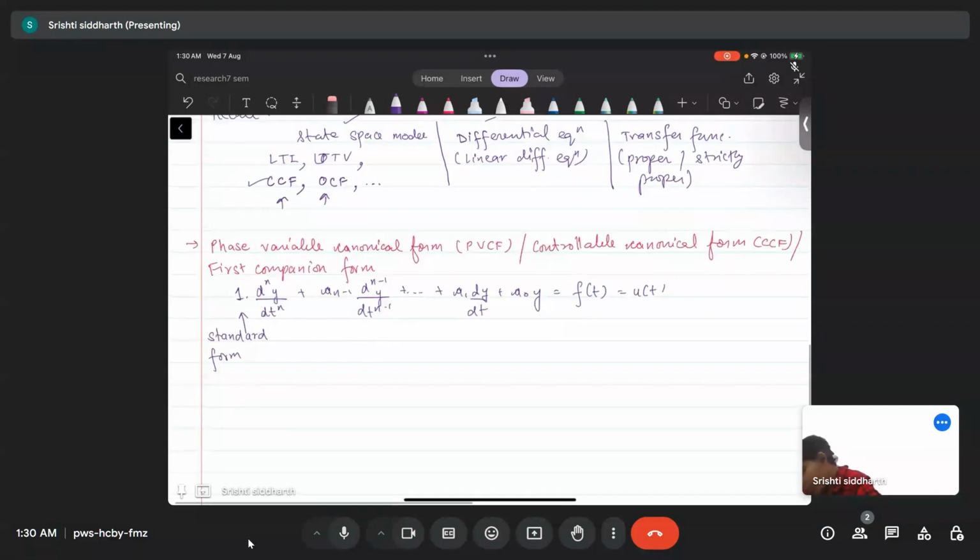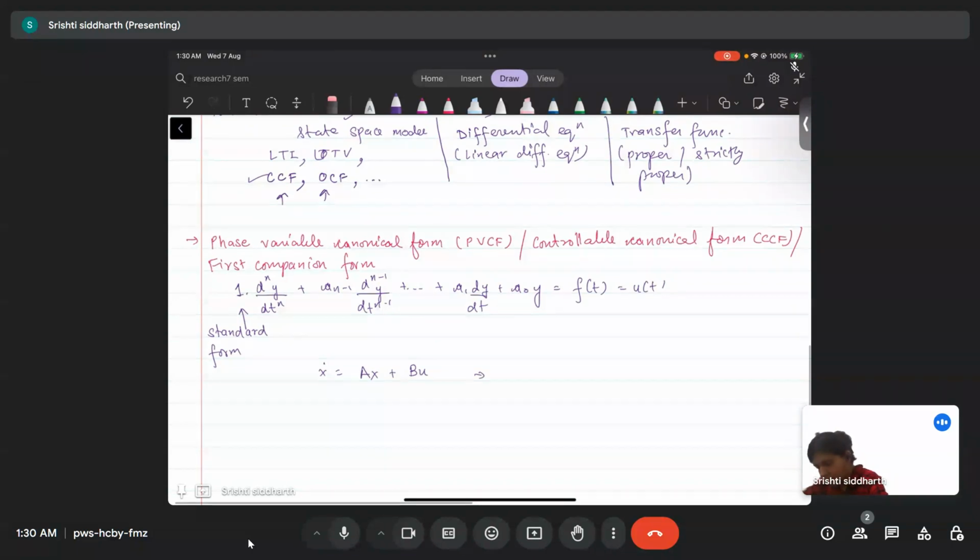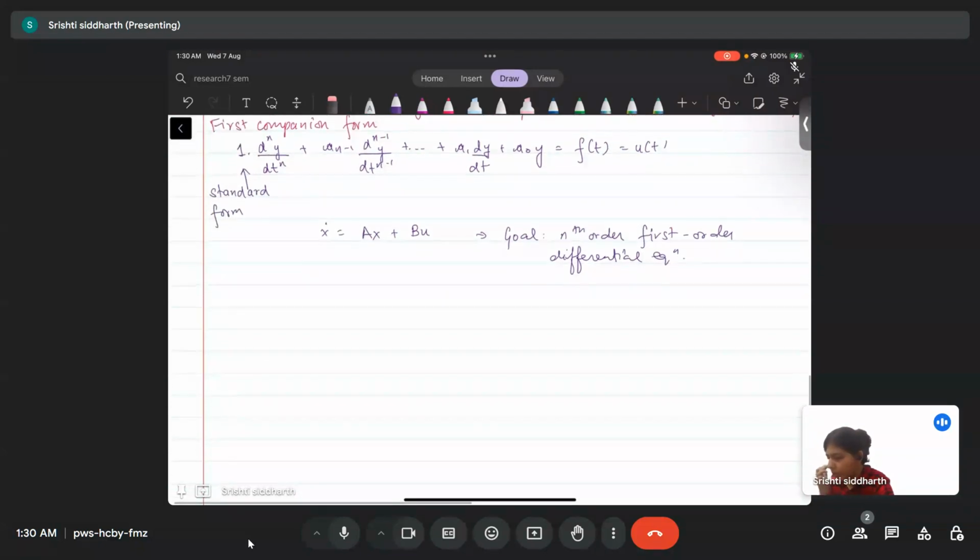So what we need to do is we wish to express this as first order differential equations, or in the state space model. So we wish to describe this as n first order differential equations. So for the controllable canonical form, if this is the given differential equation, then the A matrix is simply the chain of integrators.